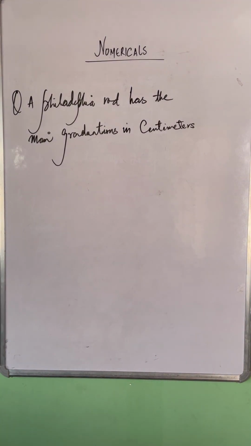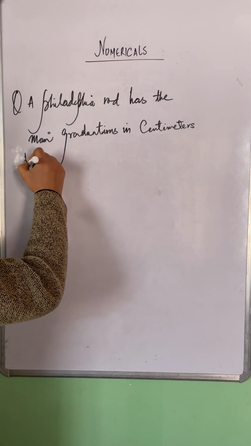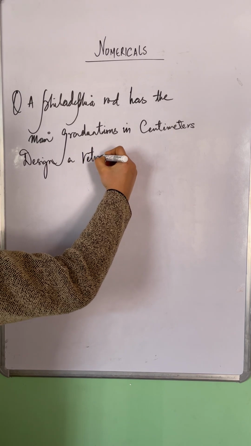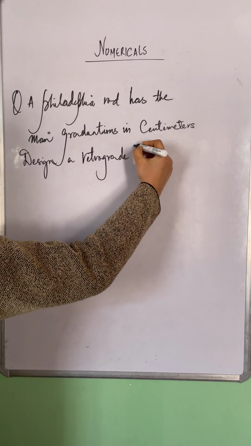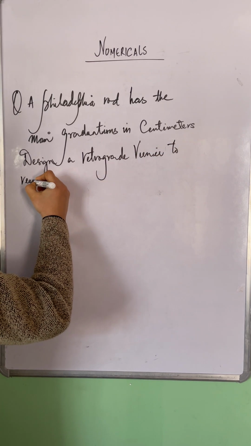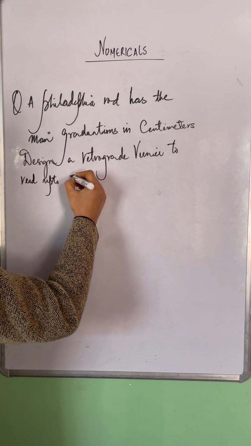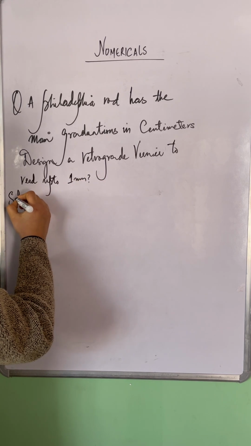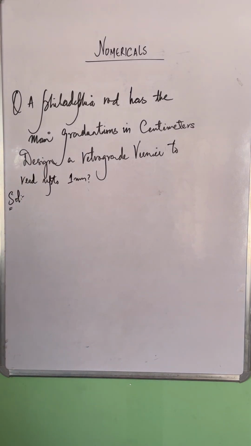Design a suitable retrograde vernier to read up to 1 mm. The question is, a Philadelphia rod has the main graduations in centimeters. Design a retrograde vernier to read up to 1 mm.